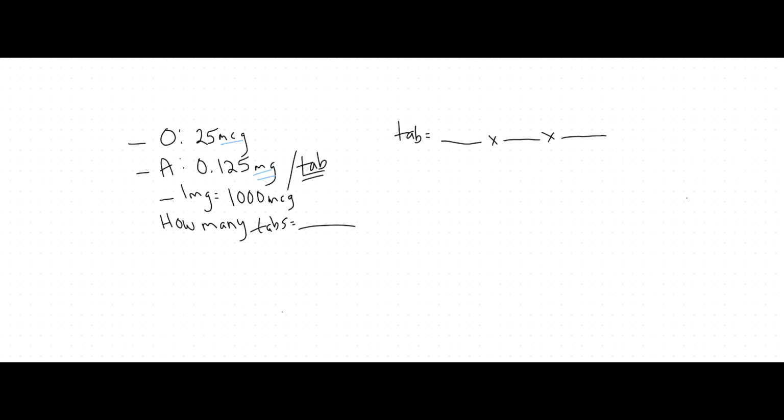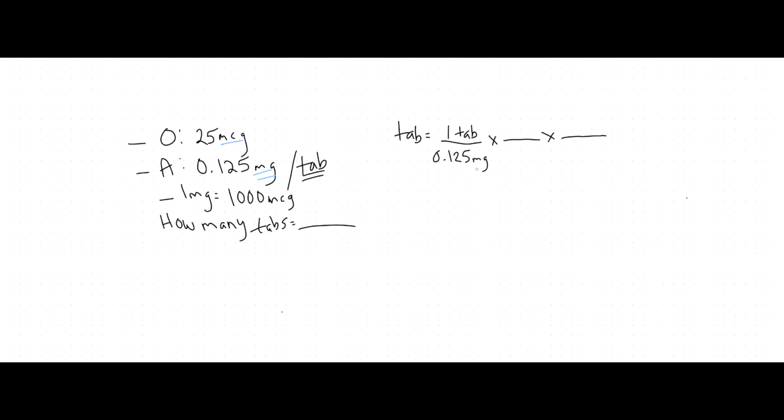So with this one, I need to keep tabs. What's going to go at the top on this line? One tab. And what's it married to? 0.125 milligrams. Okay, so now since I've used that, I don't need it again.